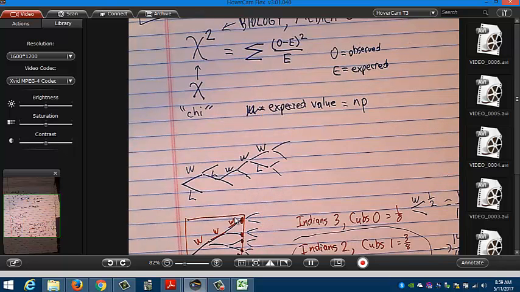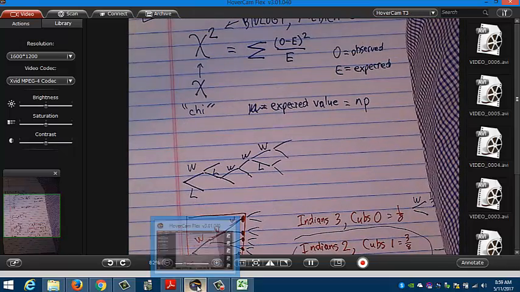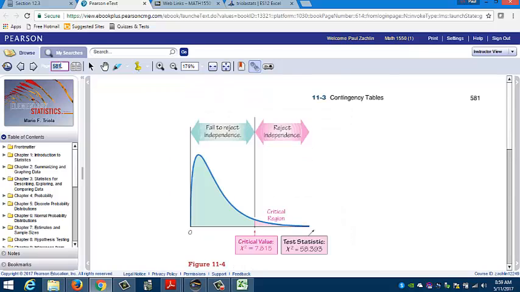So chi-squared, you guys, the picture of chi-squared looks a lot like the F distribution. I'm going to turn to page 581 for 1 second here, and then we'll come back to our problem. Page 581, again, it's not the same as the F distribution, but it is true that it starts at 0, right?